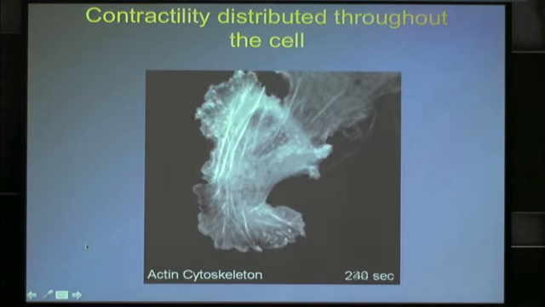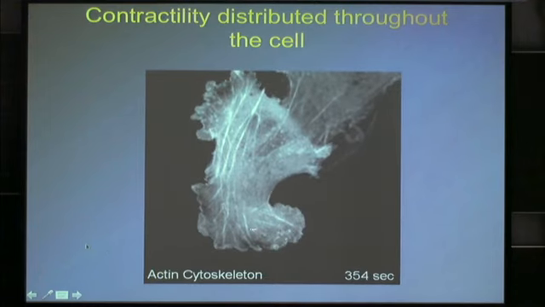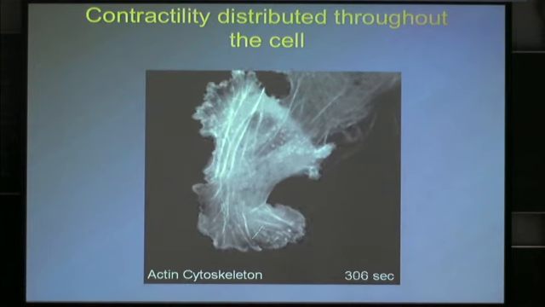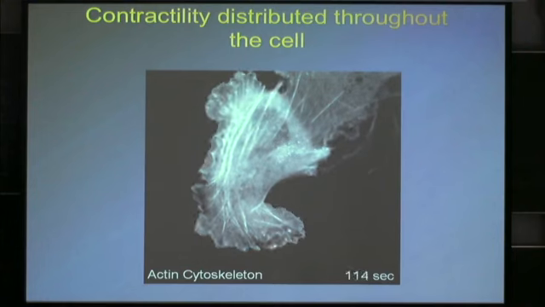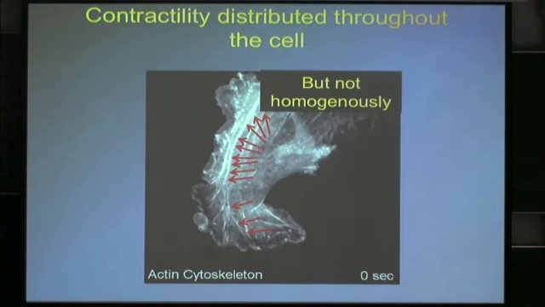We do see here that stress fibers are organized basically everywhere throughout the cell. However, they are not really homogeneously distributed. We have some contractile fibers in the front and also in the back, but in the back it appears, at least, that the contractile fibers are much more prominent.